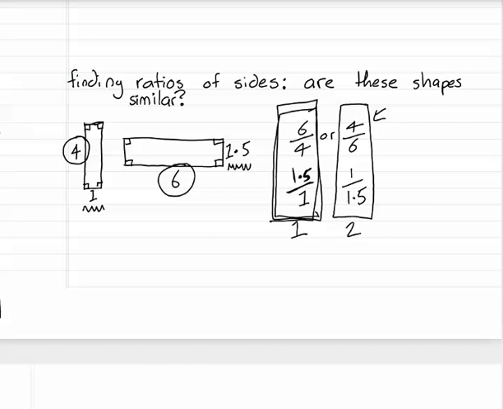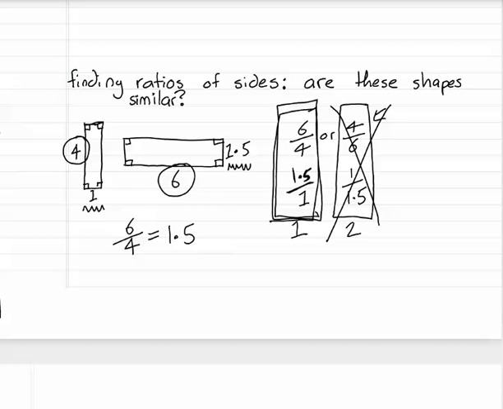So, write the ratios, matching sides, largest side on top, and work out what that equals. Grab your calculator and do 6 divided by 4, and we get 1.5. That says the big rectangle is 1.5 times the length of the little rectangle.